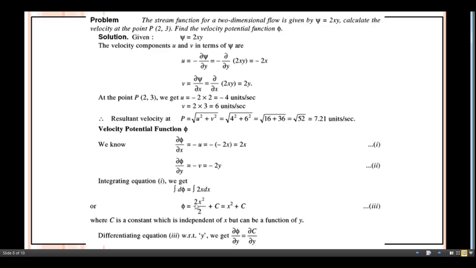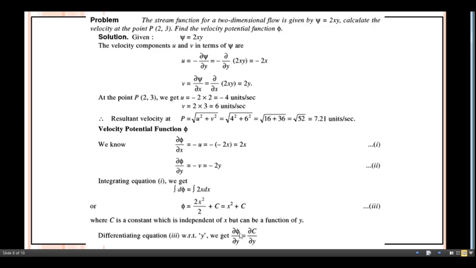Integration of this term is nothing but φ, and integration of this term is 2x square by 2. Constant term will come into the picture, so plus c. So 2 gets cancelled. What do we get here? x square plus c, where this c is a constant, which is independent of x but can be a function of y. Now differentiating this equation number 3 with respect to y.